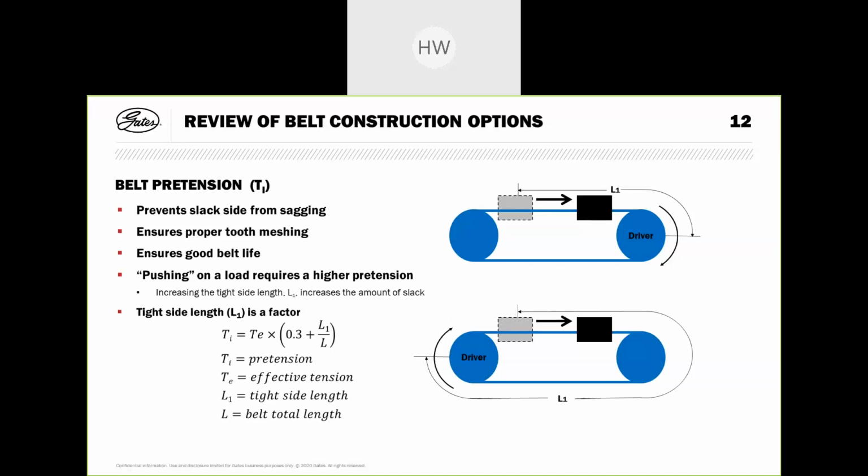So the pretension is pretty much determined by the ratio between the tight side length and the total length of the belt. And again, this is a very important fact that we need to respect when we calculate and install a belt drive.